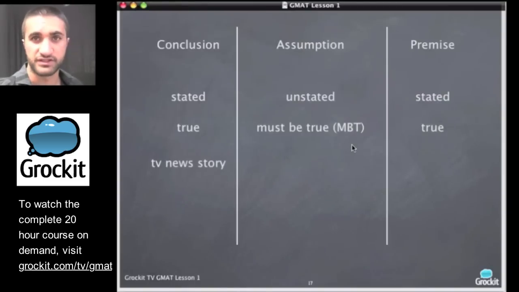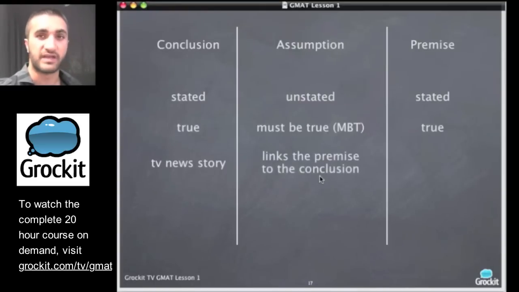So just a couple more points to keep in mind about these critical reasoning conclusion, assumption, premise paragraphs. Sometimes the conclusion reads like a TV news story, and sometimes the assumption will link the conclusion and the premise with their language.